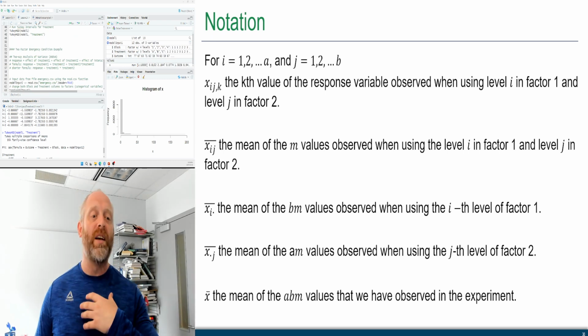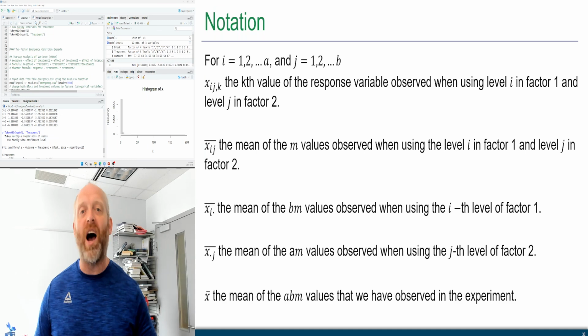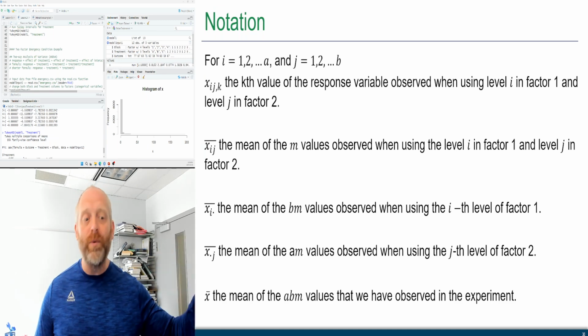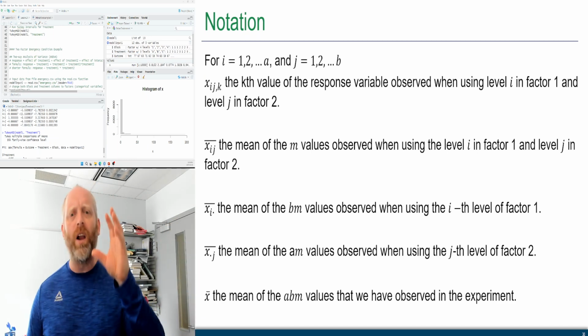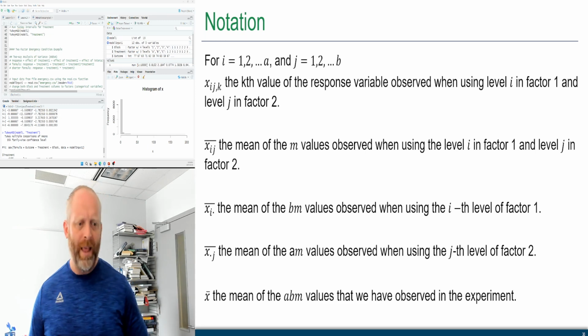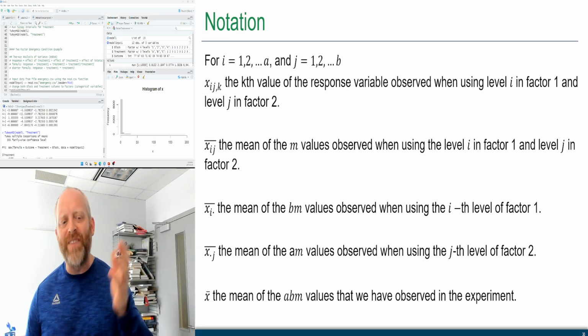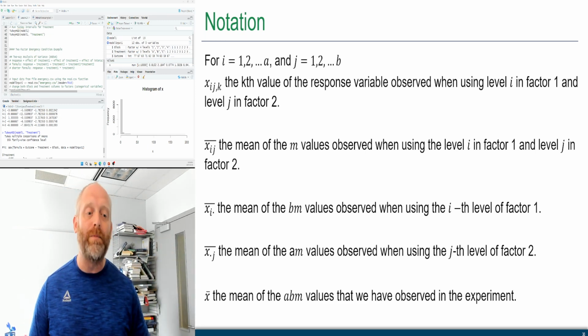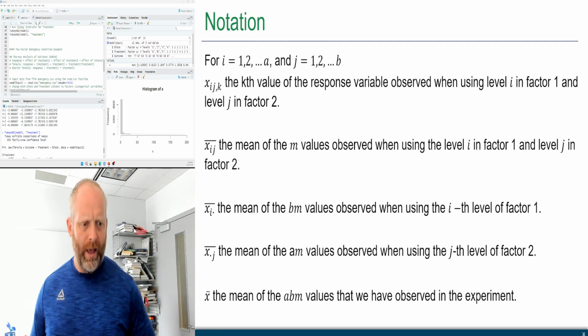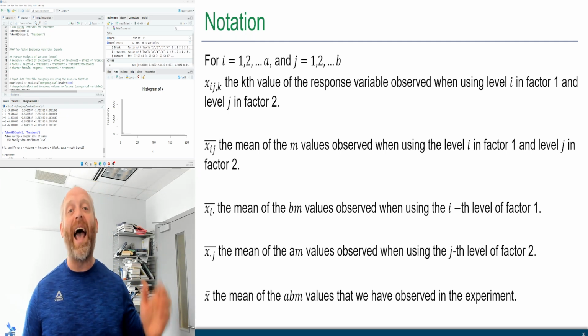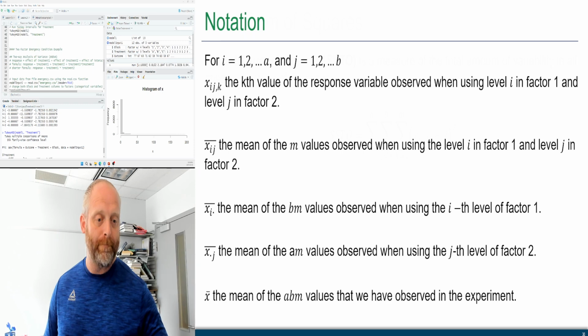If it was level 2 of factor 1, I don't care what factor 2 is doing. I'm looking for all of the level 2s of factor 1. And the same idea is when I don't care about factor 1 and I care about just factor 2, that's my X bar sub dot j. And of course, for the entire experiment, we have an average of that. That's just X bar.